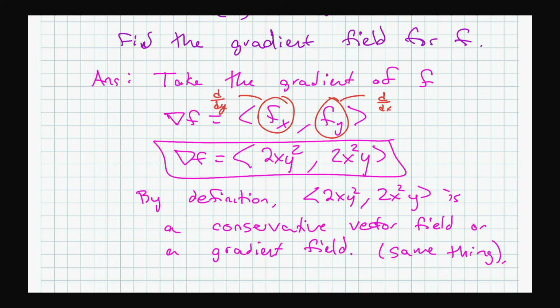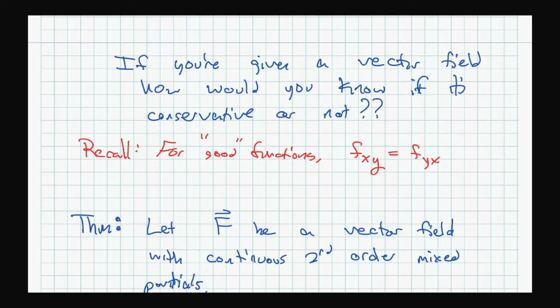Then this is f of xy and this is f of yx. So they would have to be equal, right? If you do this operation and this operation, you need to get the same thing. And that's all this theorem is going to tell us. So we remember this fact: for good functions, f of xy equals f of yx.